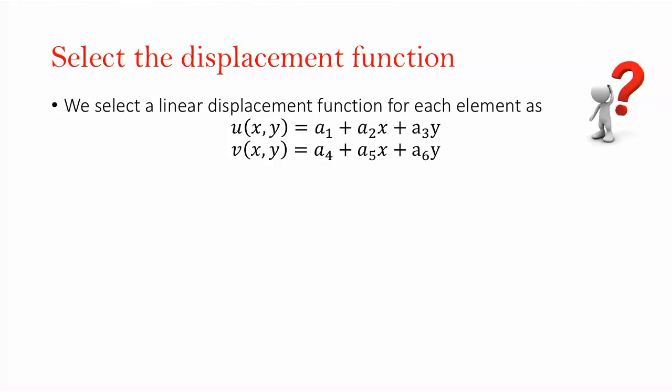Since we have three nodes, to derive a linear displacement function for each of the two displacements, u(x,y) and v(x,y), we need 3 unknown coefficients, which need to be determined.